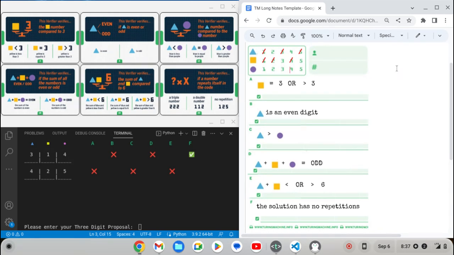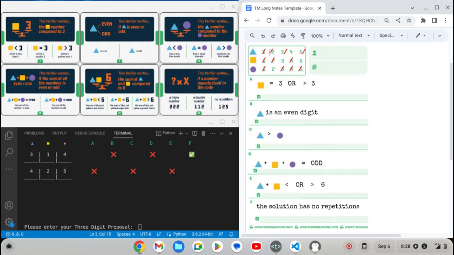Well, that means that because we've sort of deduced that circle is the even, it's got to be the 2. Okay, so that really has helped us eliminate possibilities. So we know circle's 2, which means triangle has to be 4.